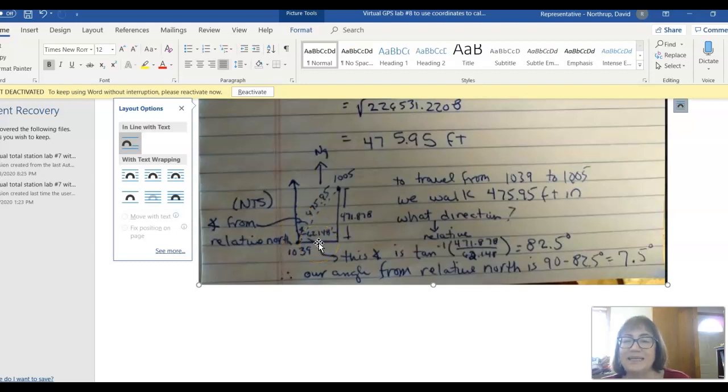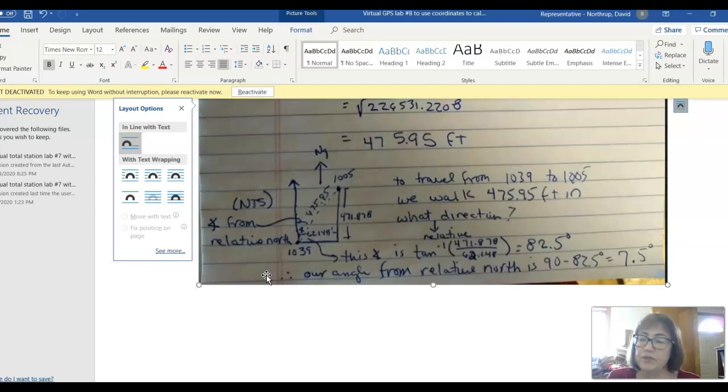That's actually from the easting, the relative east. So since north and east are 90 degrees apart, I can subtract that from 90 degrees, and I find that this angle, which is really the angle I'm interested in, is 7.5 degrees. So what that means is, in order to walk from 1039 to 1005, I need to walk 475.95 feet, and the direction I would walk would be 7.5 degrees to the east of the assumed north direction.